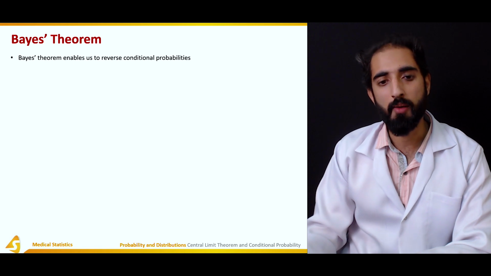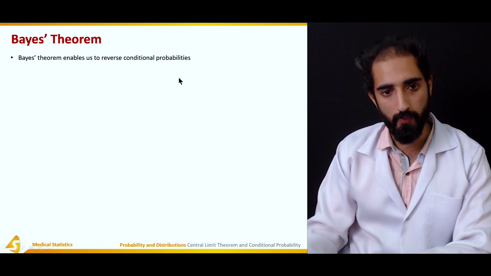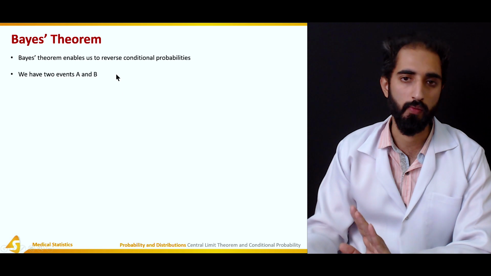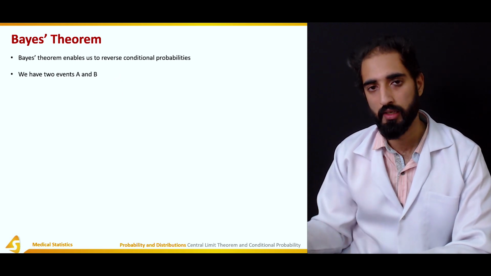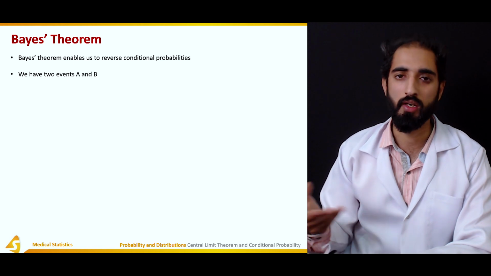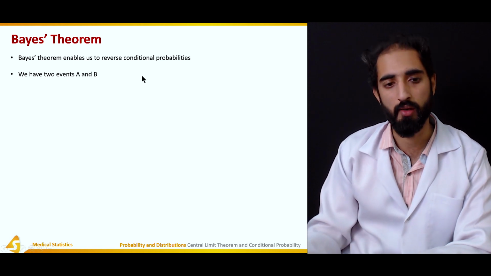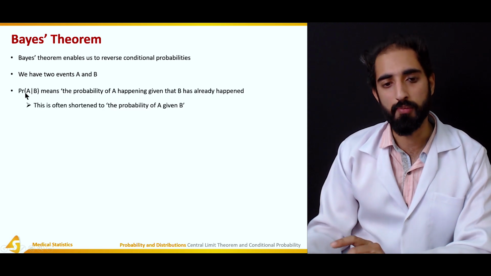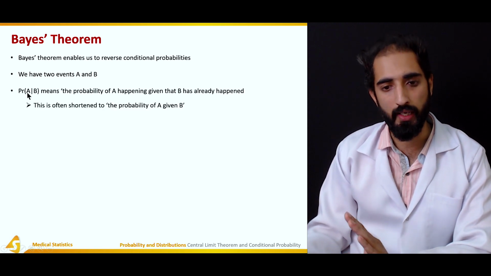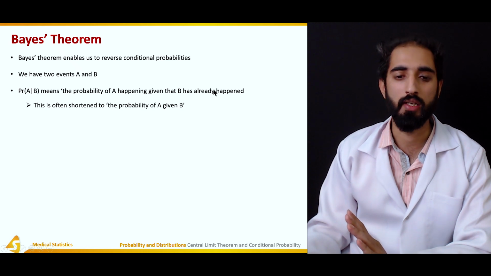So Bayes' theorem enables us to reverse the conditional probabilities. For example, we have two events, A and B. For example, either there is the disease or there is no disease. So the probability of A given B means the probability of A happening given that B has already happened.